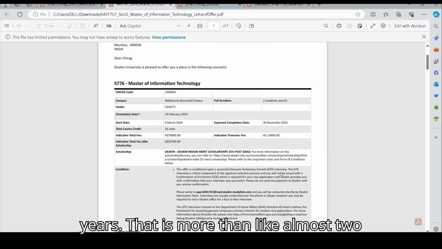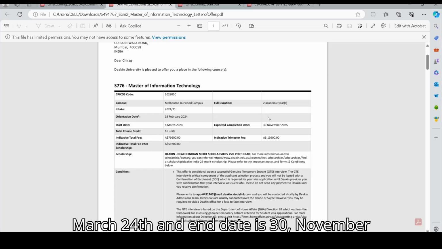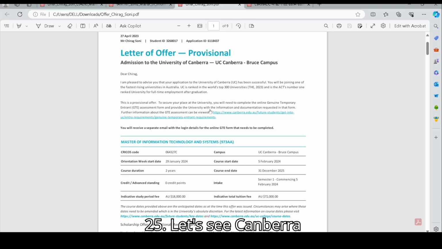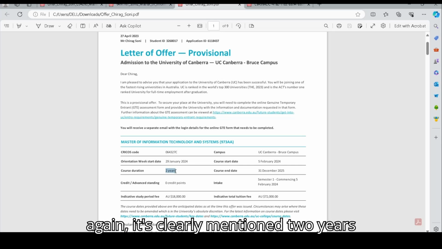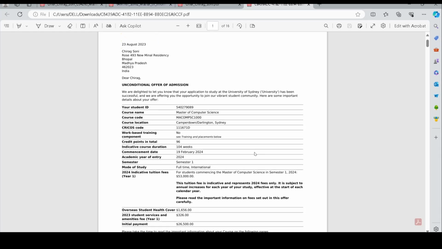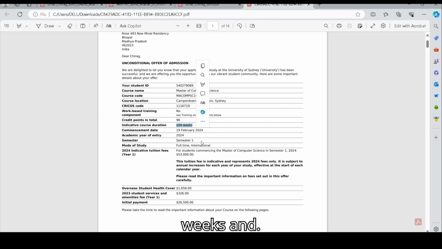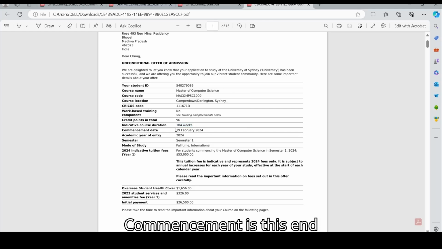The start date is March 24 and the end date is 30 November 2025. Let's see Canberra. Again, it's clearly mentioned 2 years. University of Sydney. Over here it's 104 weeks and commencement is this.